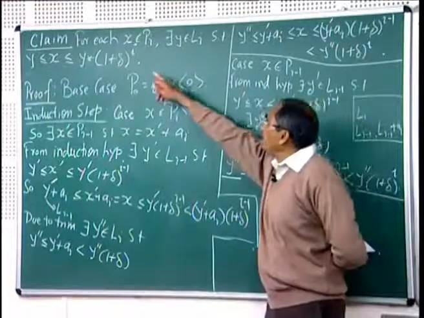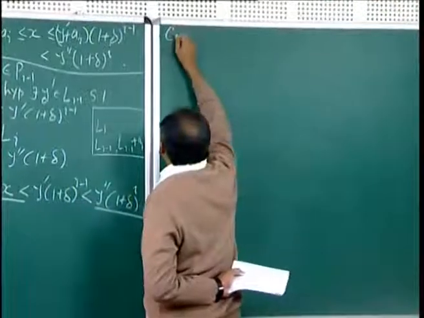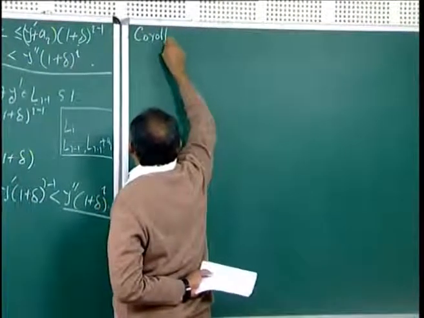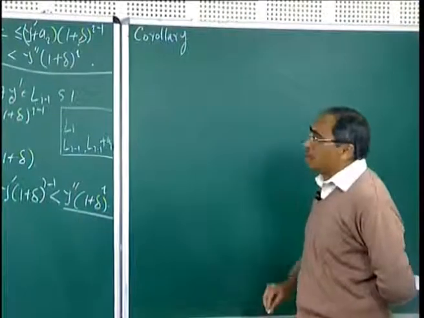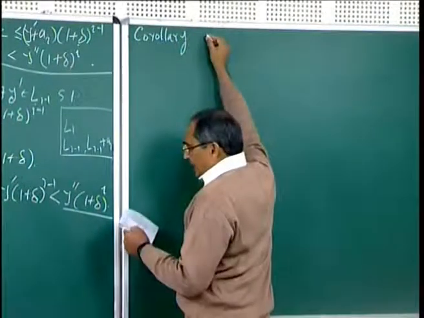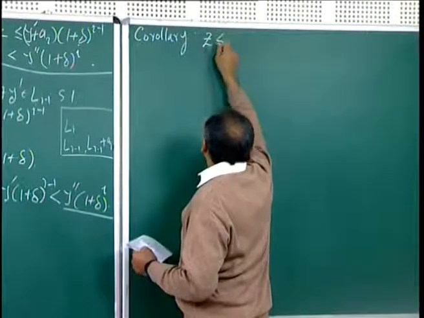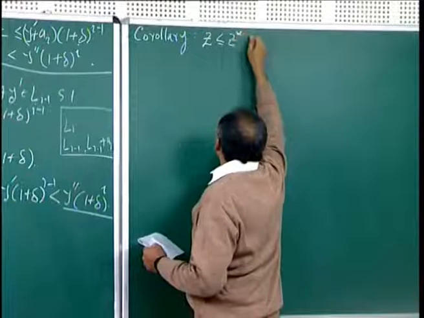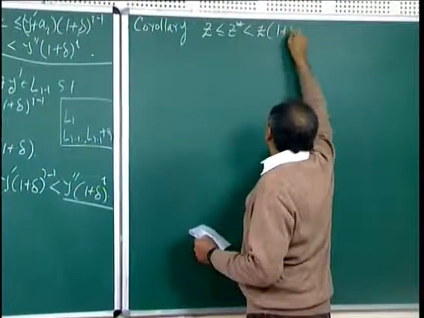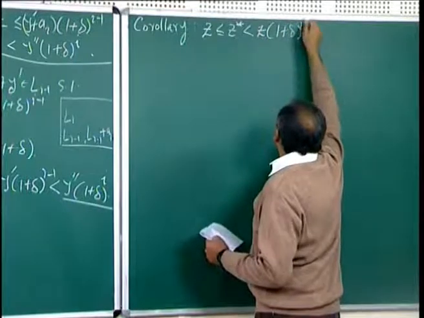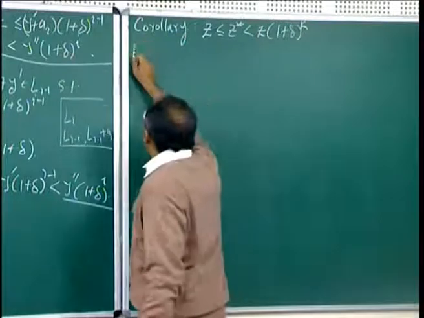So, now once we have the main result, let us see what the consequences are. One of the corollaries of this result is that Z is less than or equal to Z star, which is less than or equal to Z times 1 plus delta power k. Okay, this is easy to prove.